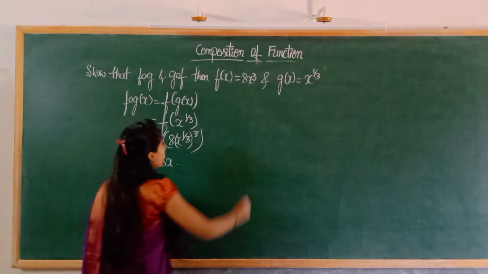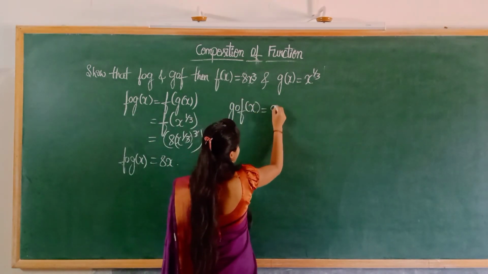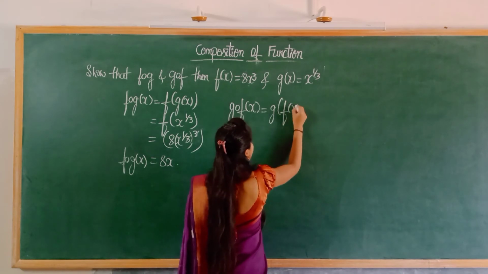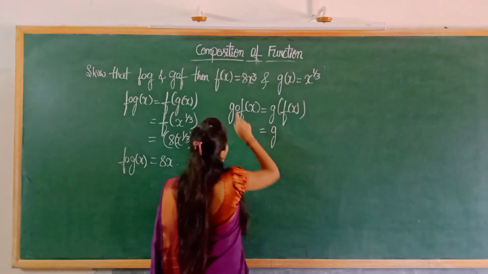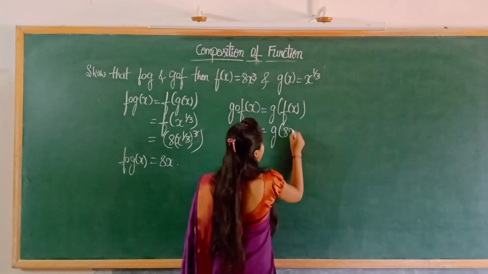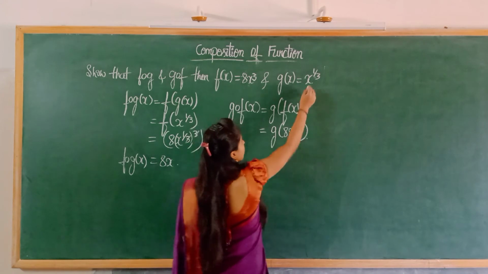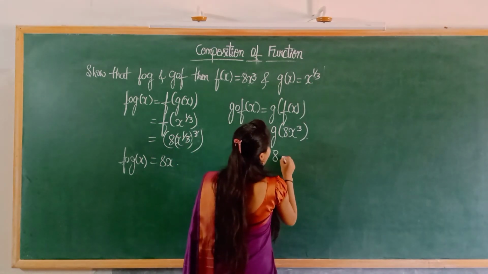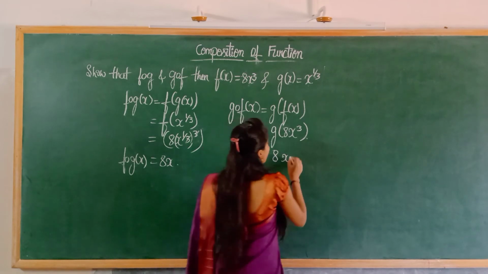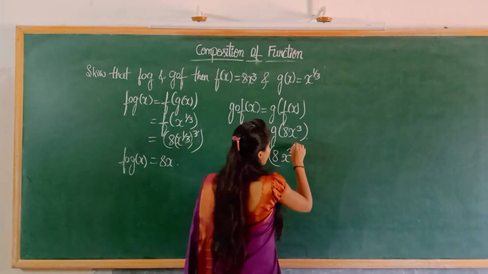The next one: g composition f of x is equal to g of f of x. That is g of the value of f of x, which is 8x cube. It is in the form of g of x, right? So here it is 8x cube whole to the power of 1 by 3.